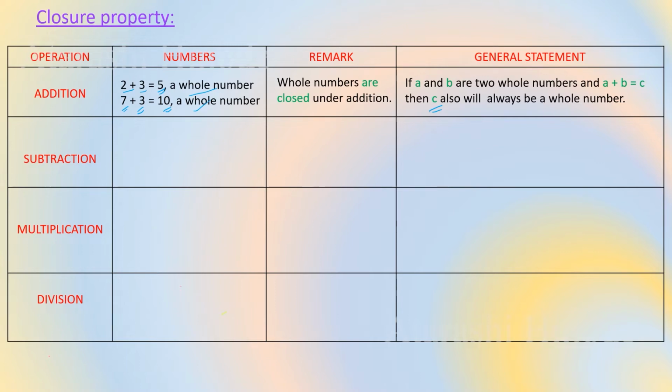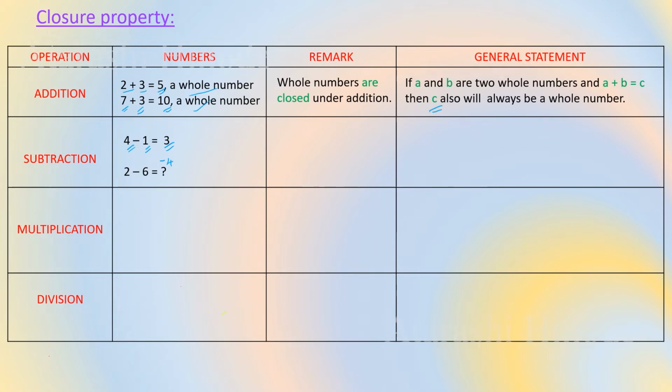Next is subtraction. Here 4 and 1 are whole numbers and 4 minus 1 equal to 3. It is also a whole number. But what about 2 minus 6? 2 minus 6 equal to minus 4. It is a negative number. So it is not a whole number.